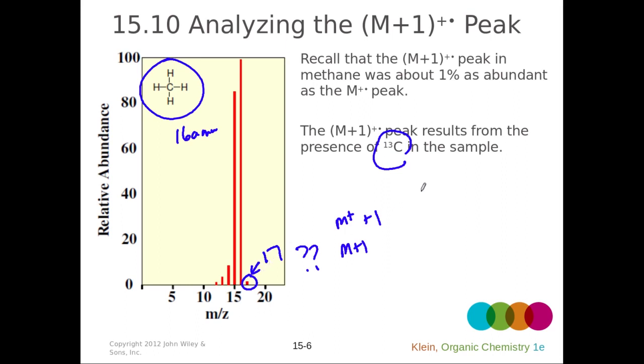So it turns out that for every carbon atom in the molecule, we're going to have an M plus 1 peak that's equal to 1.1 times the number of carbon atoms in the sample, because carbon-13 makes up 1.1% of all carbon atoms in nature. And this is a key to finding our molecular formula.